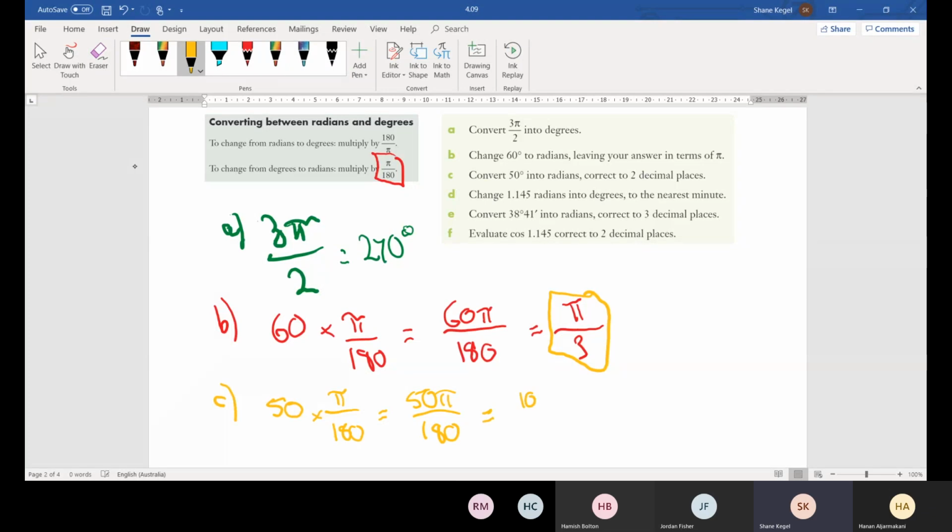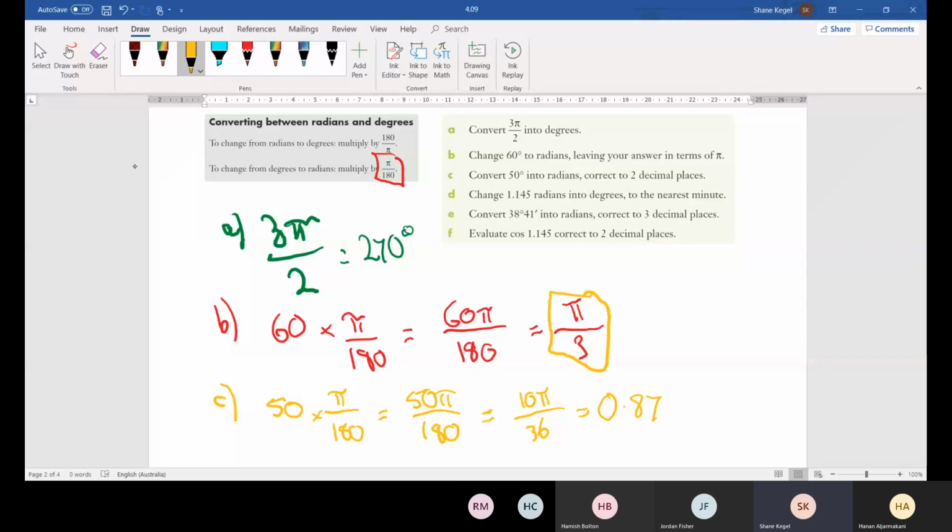Same as 10 pi on 36. Clearly that's pretty ugly. I could simplify it even further, but I'm just going to plug that in my calculator. I should have probably done that originally. This is just a bit of pointless working to get a decimal answer, and my answer is going to be 0.87.